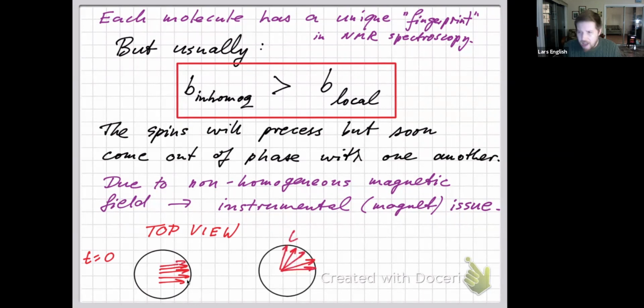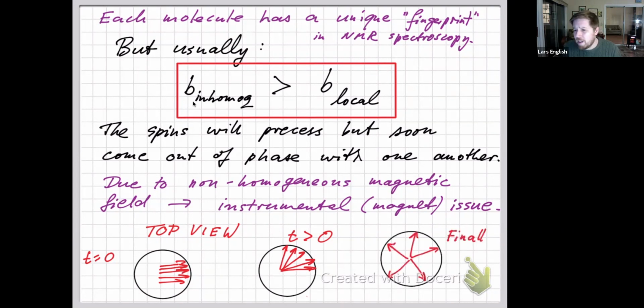Then after they've gone around a couple of times, you start seeing some of them lag behind a little bit, and some others have gone ahead in phase. Let's assume that they're rotating clockwise here. So this one here is a little bit slower. This one is a little bit faster due to the inhomogeneity in the magnetic field. And that just keeps going like that.